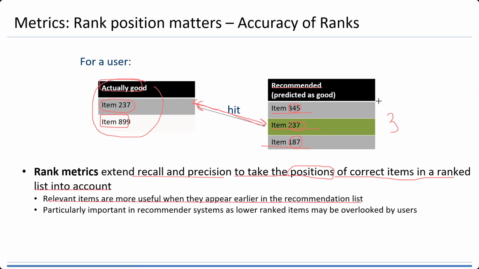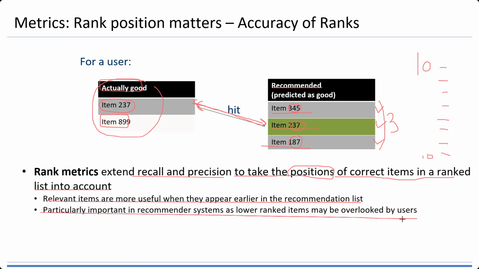If it is earlier, that is better. But if you recommend 10 items and it appears at rank number 10, it is usually not that relevant. This is particularly important in recommender systems, as lower rank items may be overlooked by the user.